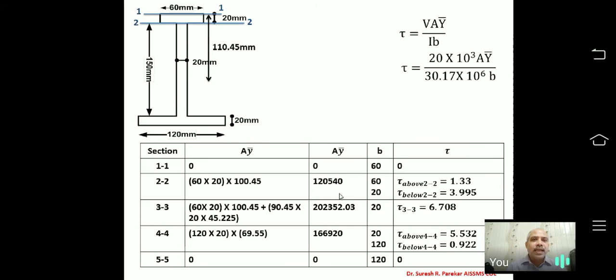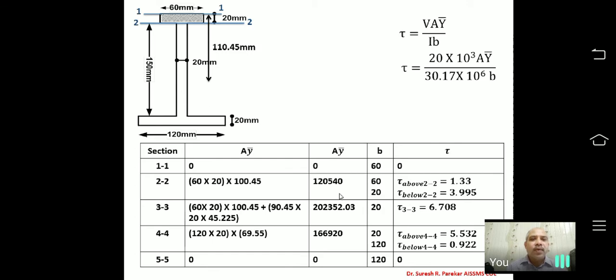Now go to section 2.2. Now we have to consider the area above 2.2. What is the area above 2.2? You can see that shaded area, which is 60 into 20 in the table. Now we have to take the distance of the centroid from the neutral axis. The neutral axis is at 110.45, minus 10, so 100.45. And that will give me A y bar as 120540.